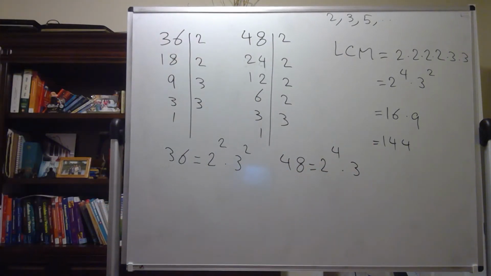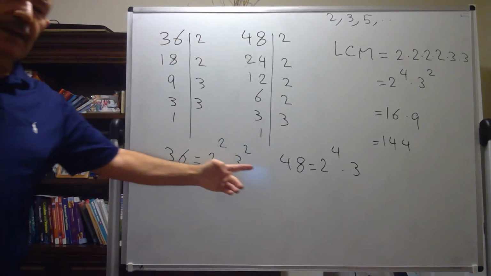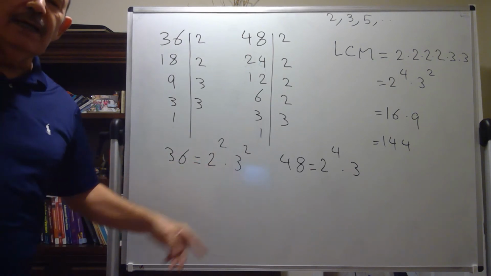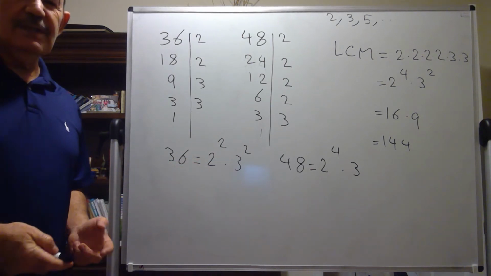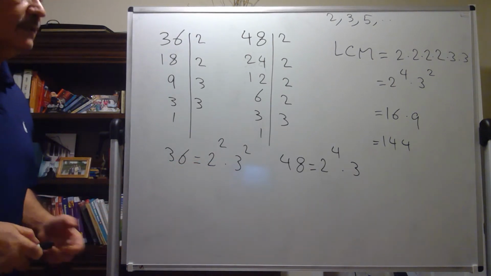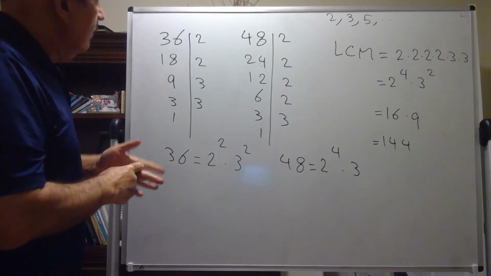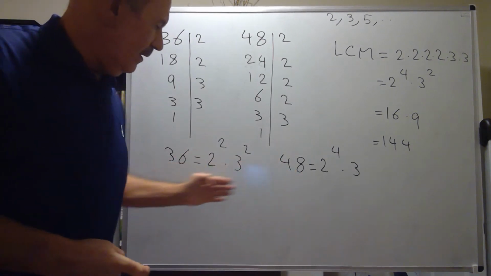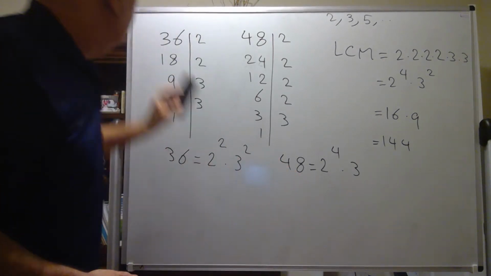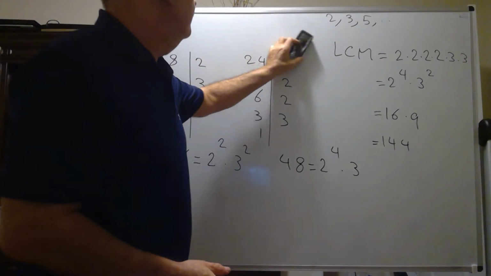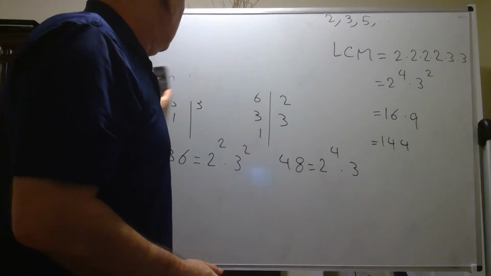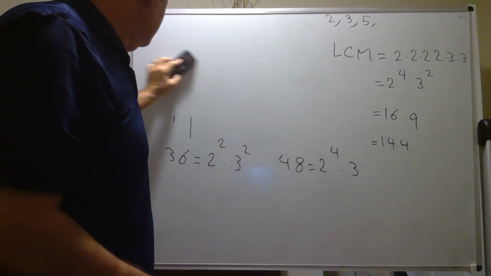Now, the LCM is the common and uncommon factors with the greatest exponent. I'm writing the definition at the top. So I'm going to erase this part because we have already converted, to write the definition of LCM.